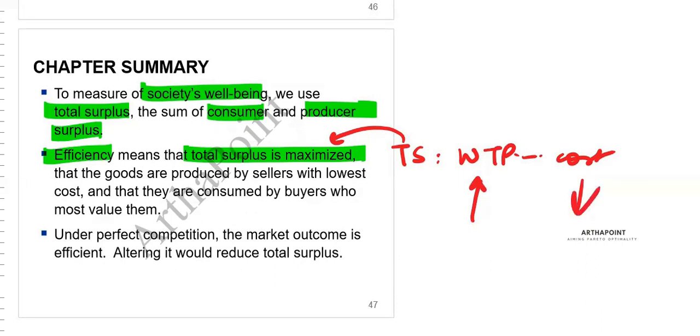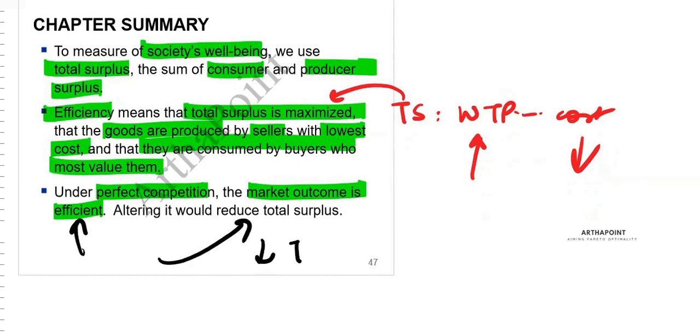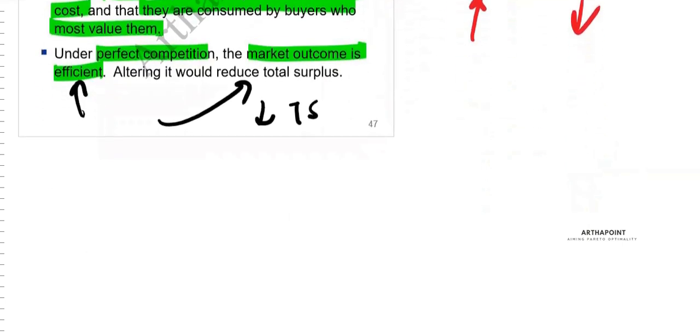So you have to ensure that goods are produced by sellers with the lowest cost and consumed by buyers who value them the most. Under perfect competition, the market outcome is efficient. Whenever you try to alter the market outcome, it will reduce the total surplus.